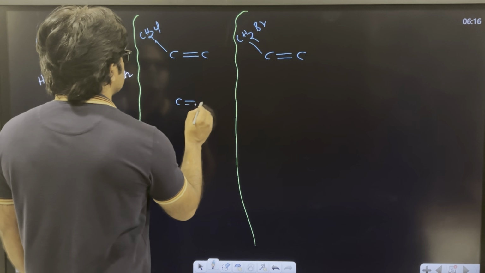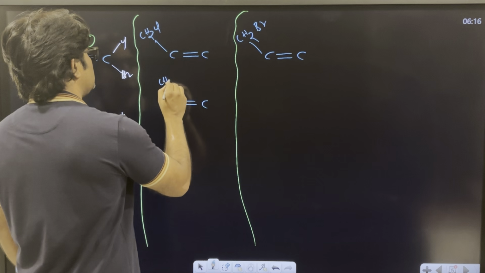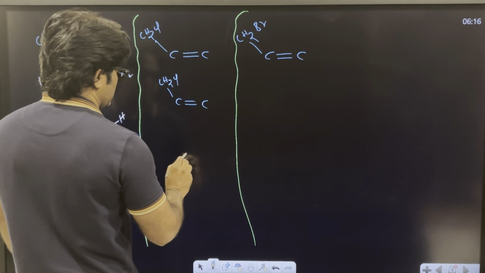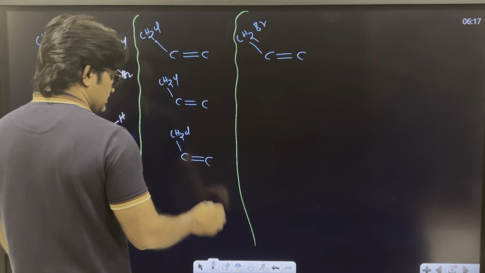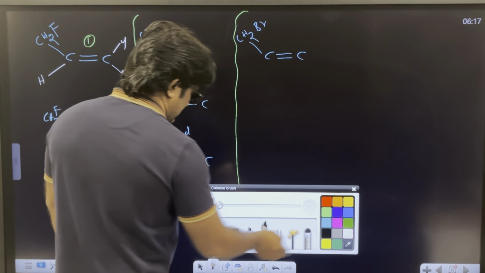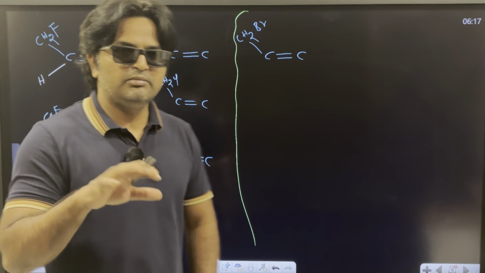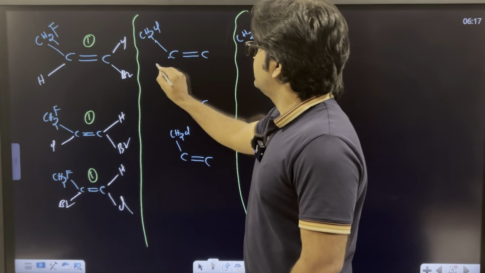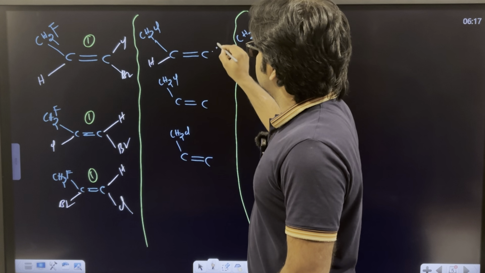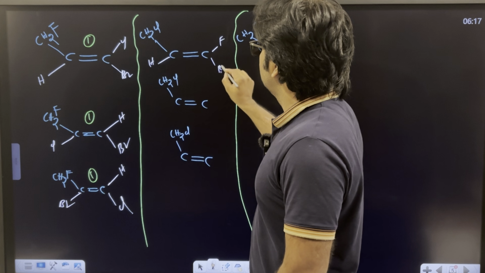C double bond C. Now here I am taking CH2Cl. Next one, C double bond C, again CH2Cl. If you are writing CH2Cl, then what are the remaining atoms? Hydrogen, fluorine and bromine. Here I am taking hydrogen, next one fluorine and bromine.